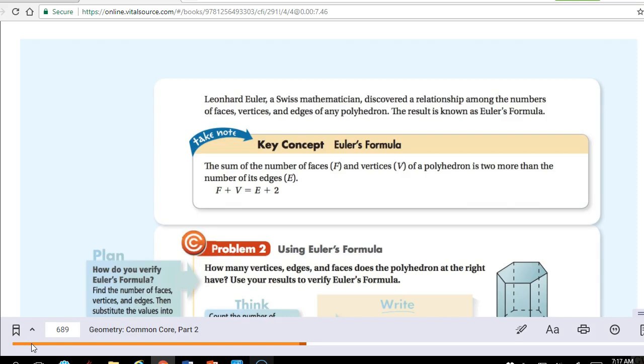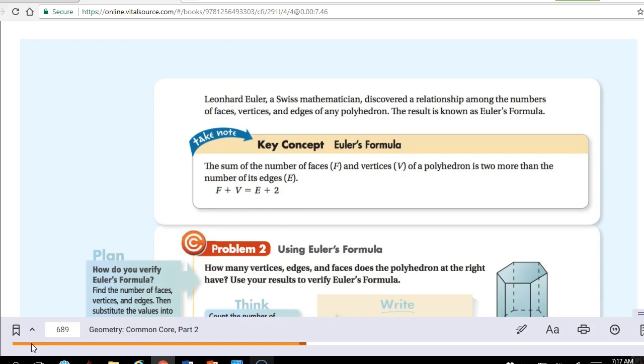And that is, if you've got a three-dimensional space, or what we call a polyhedron, the sum of the number of faces and the vertices of a polyhedron is 2 more than the number of its edges.